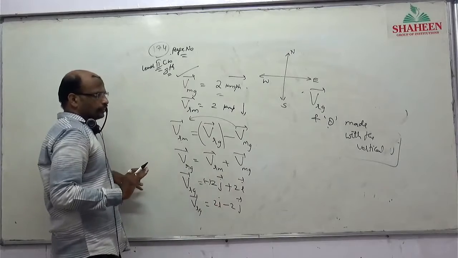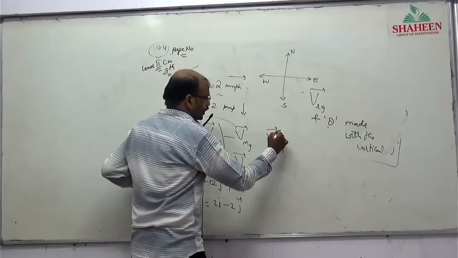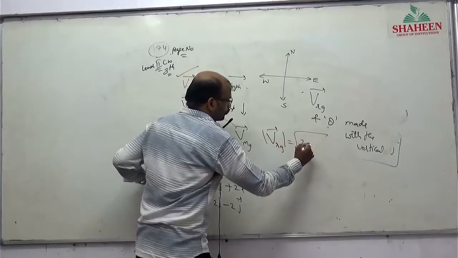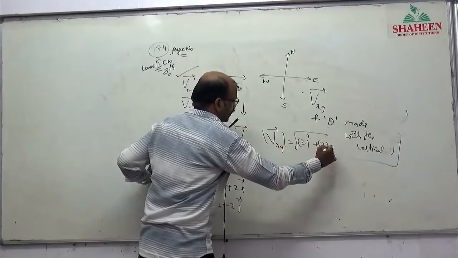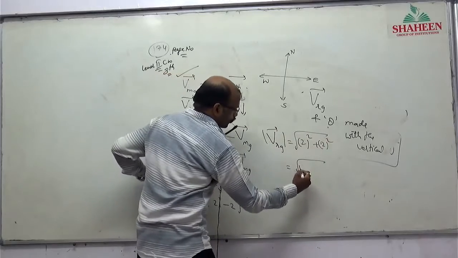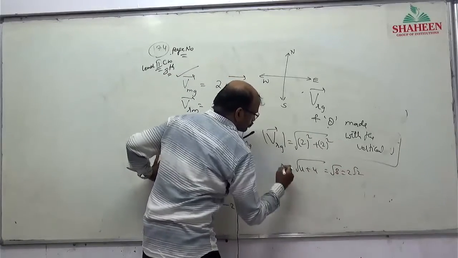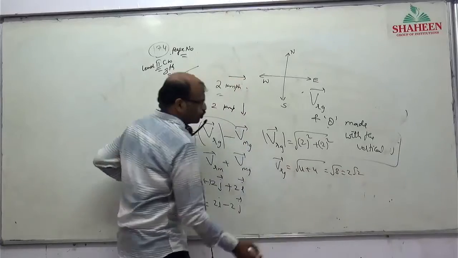He is not asking vector form. He is asking magnitude form. That is mod, under root of 2 square plus minus 2 whole square. You will get plus 2 square only. That is root 4 plus 4. You will get root 8, that is 2 root 2. VRG is 2 root 2.